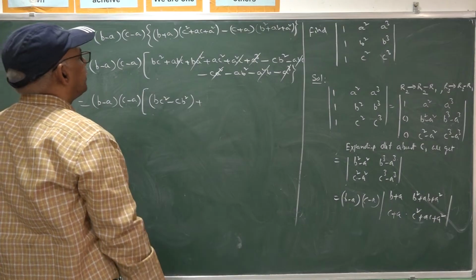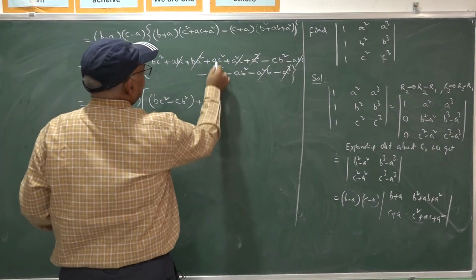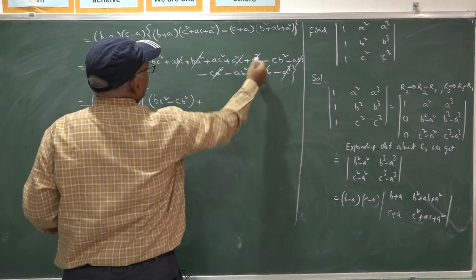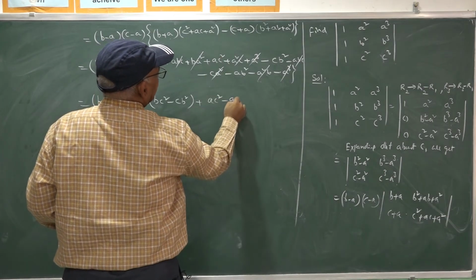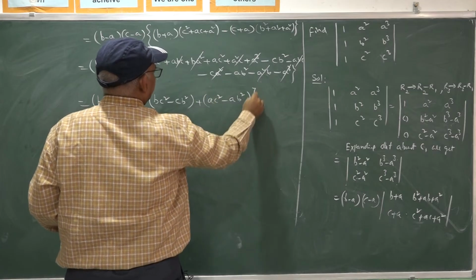Next, only these two terms exist. Take these two terms as one pair and the other two as another pair, AC square minus AB square.